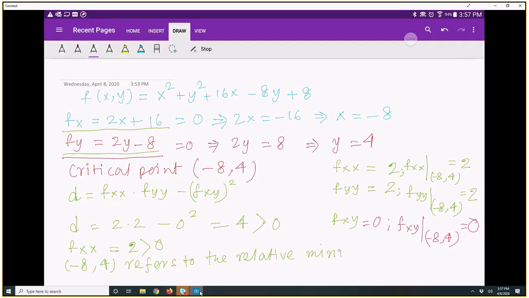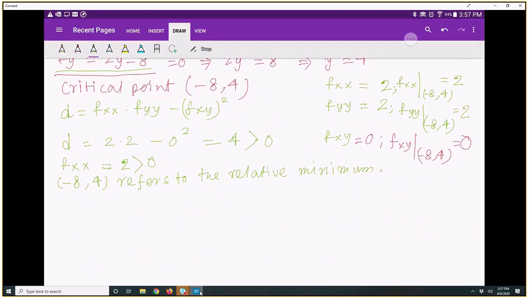And how do I end this problem? Well, I have to find the point of the relative minimum. So I'm going to input negative 8 and 4 in my original equation. So f at negative 8 comma 4 is going to be negative 8 to the power 2, that's my x squared, plus y squared, so 4 squared, plus 16x, so 16 times negative 8, minus 8y, so minus 8 times 4, and then finally plus 8.